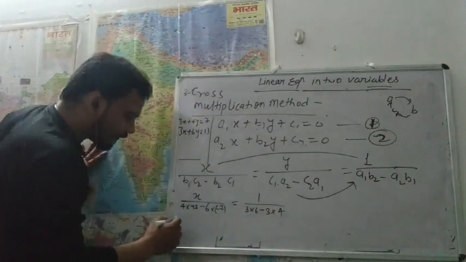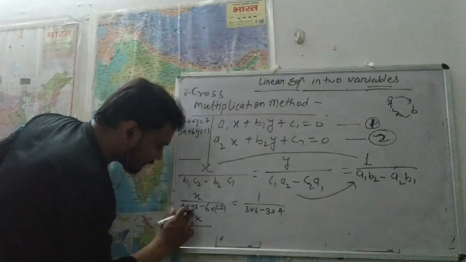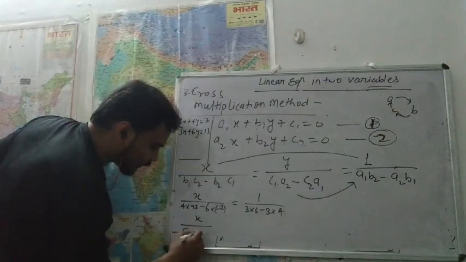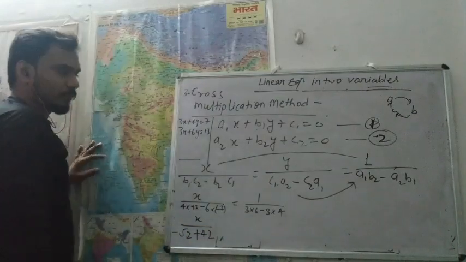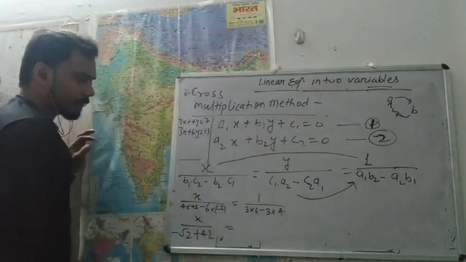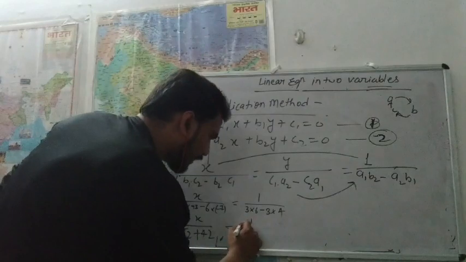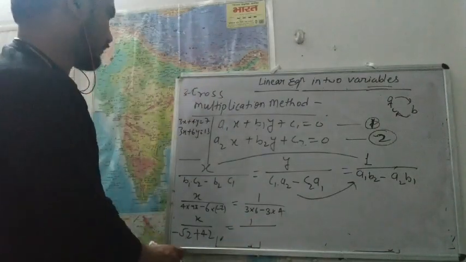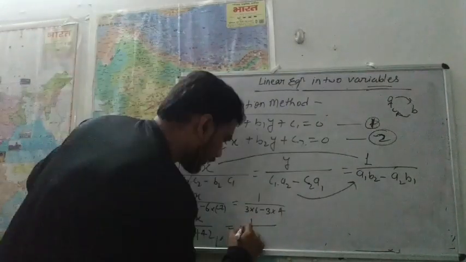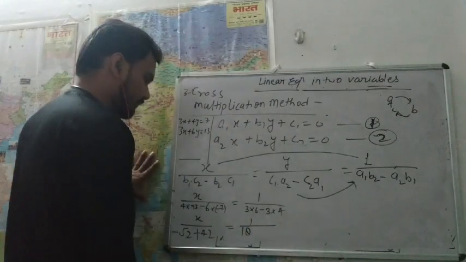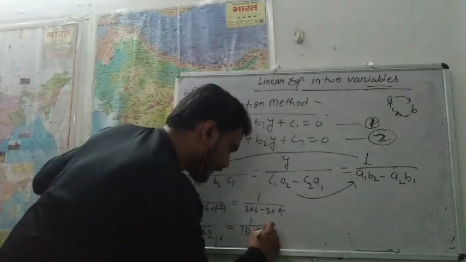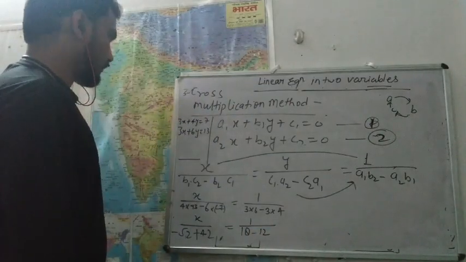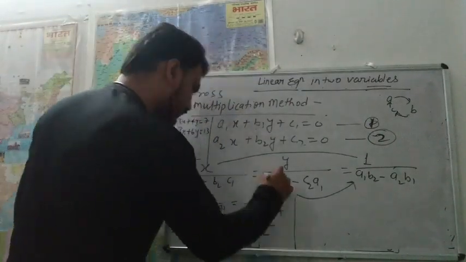So now what will we have? x upon minus 52 minus minus 42, and this is going to be 1 upon 18 minus 12.